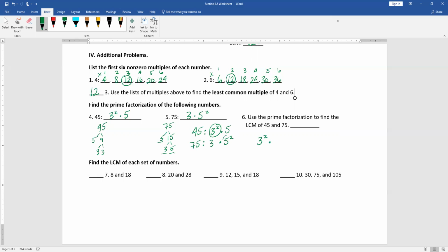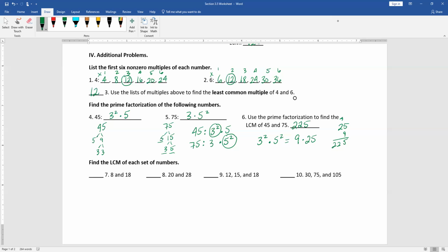They both have a 5, but 75 has the higher 5 exponent. So that's 5 squared. This becomes 9 times 25, which is 225. So 225 is the least common multiple of 45 and 75.